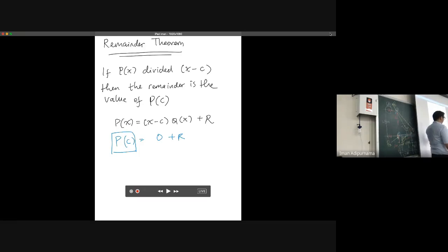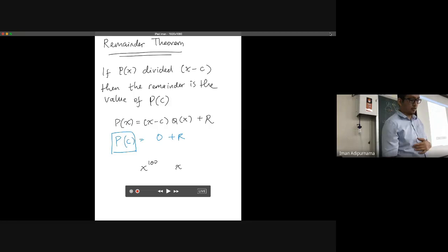This theorem may sound simple, right? But it actually has some usage, especially if you want to prove some roots with really high degree polynomials like x to the 100, maybe x to the 1000, and so forth. If you can guess at least one of the roots, and if you plug in the root, it should be 0, right?